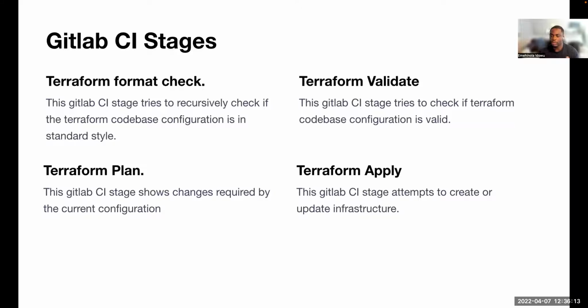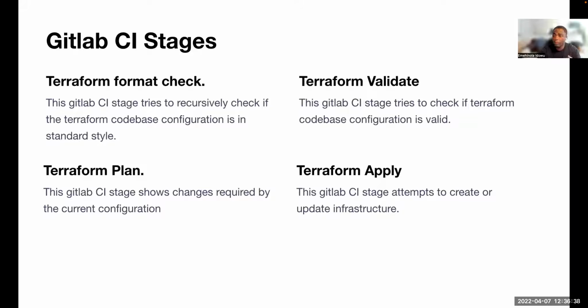The next stage will be validation. How do we validate that what we have written is a valid Terraform configuration? So that stage helps with checks and just code quality. The first two stages help with code quality, and help us know the state of our Terraform script.